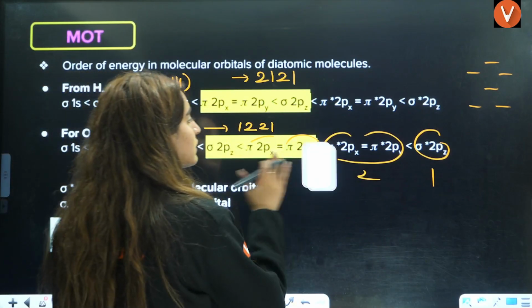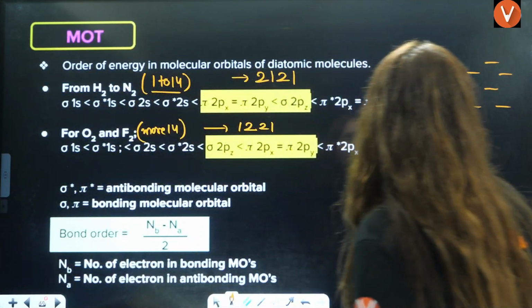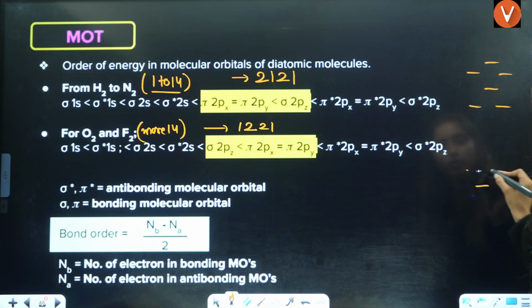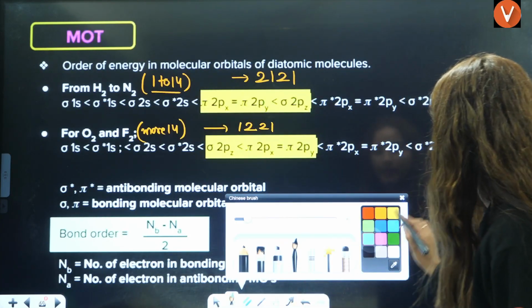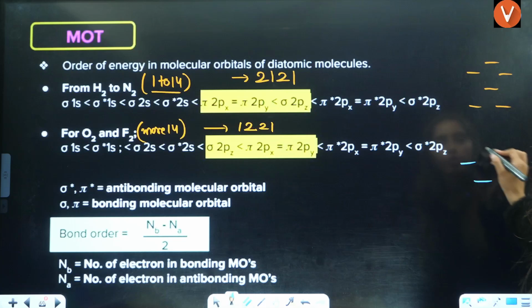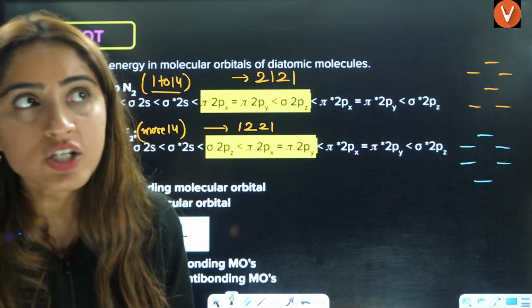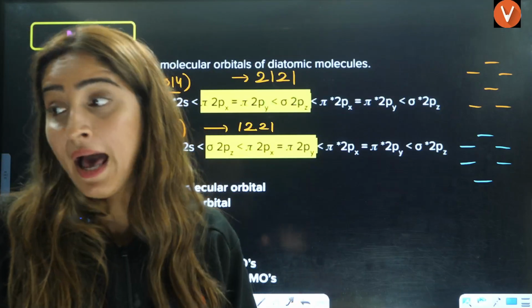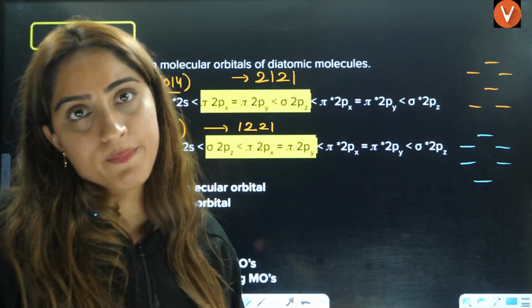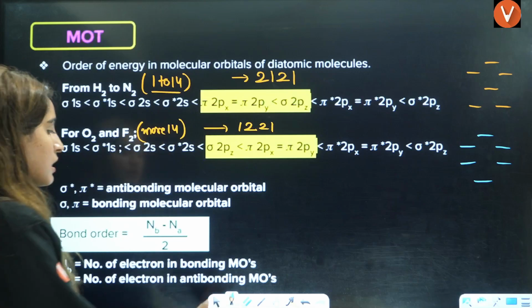That means the energy profile diagram is going to be 1, 2, 2, 1. I'm just going to draw it with a different pen. And you will see how it changes the bond order and the paramagnetic character of the molecule, right? Okay.